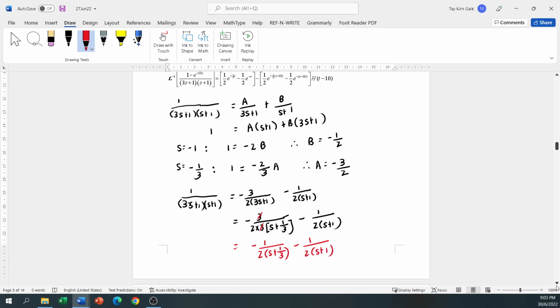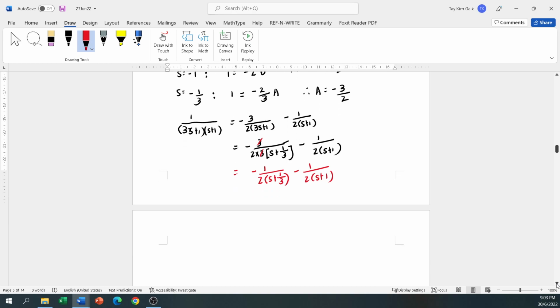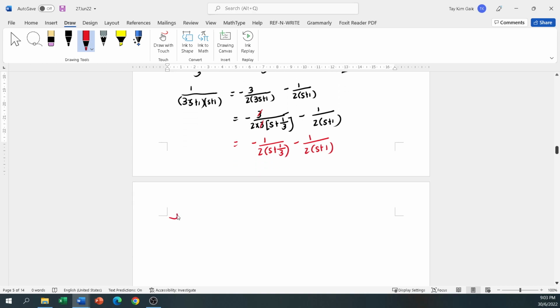That's why the inverse Laplace of 1 over (3 times (s plus 1)) will be equal to the inverse Laplace of negative half over (s plus 1/3), minus the inverse Laplace of half over (s plus 1).